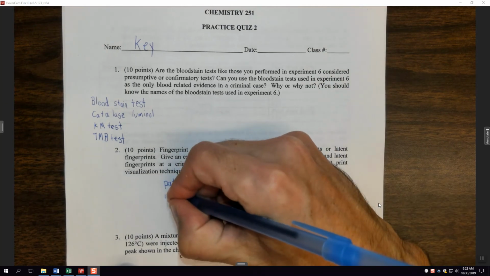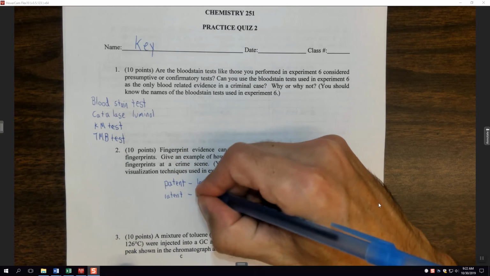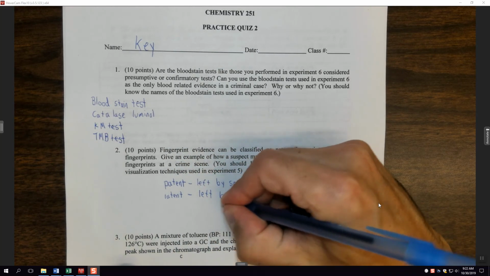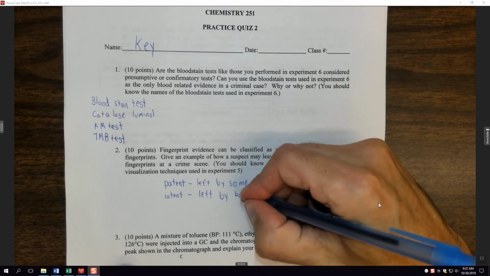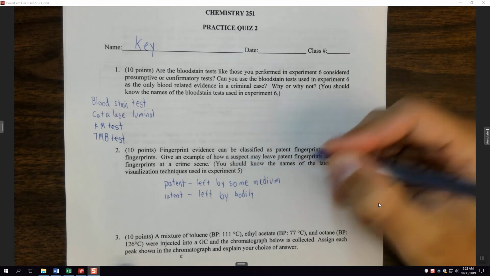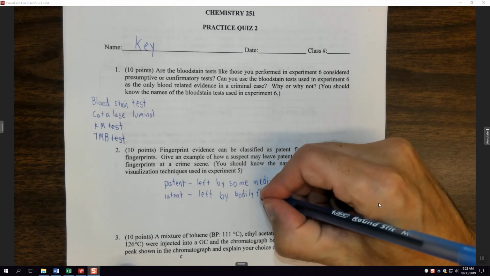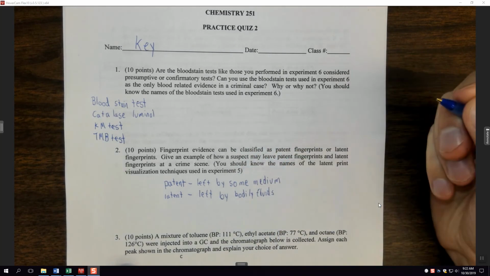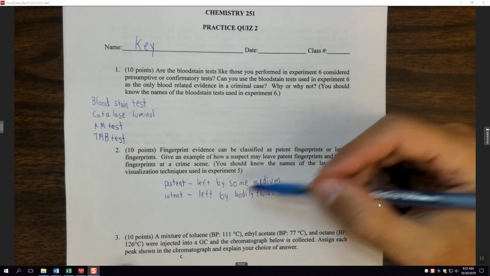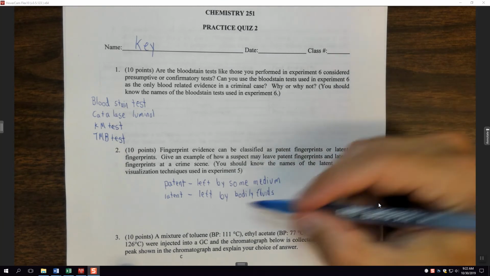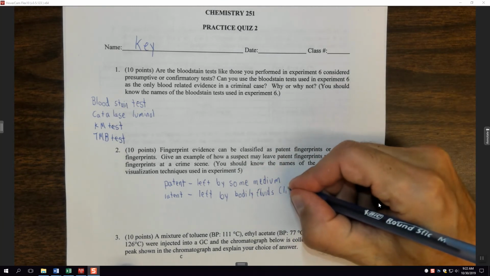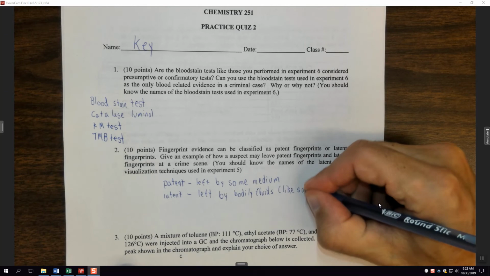Latent prints are left by, I'm going to say, bodily fluids. You could argue that blood is a bodily fluid that you can visualize without any visualization technique, but I'm just going to put here sweat.